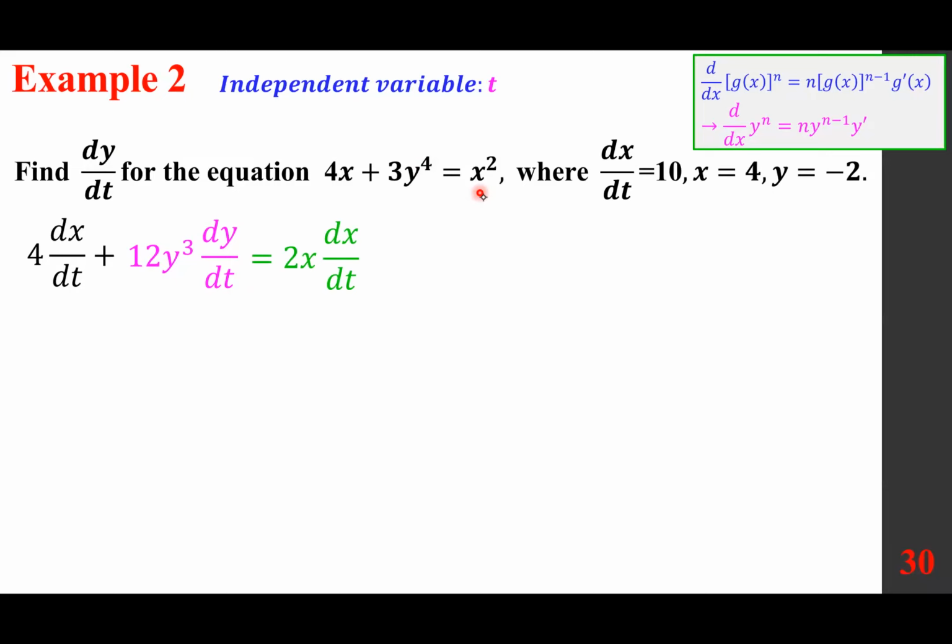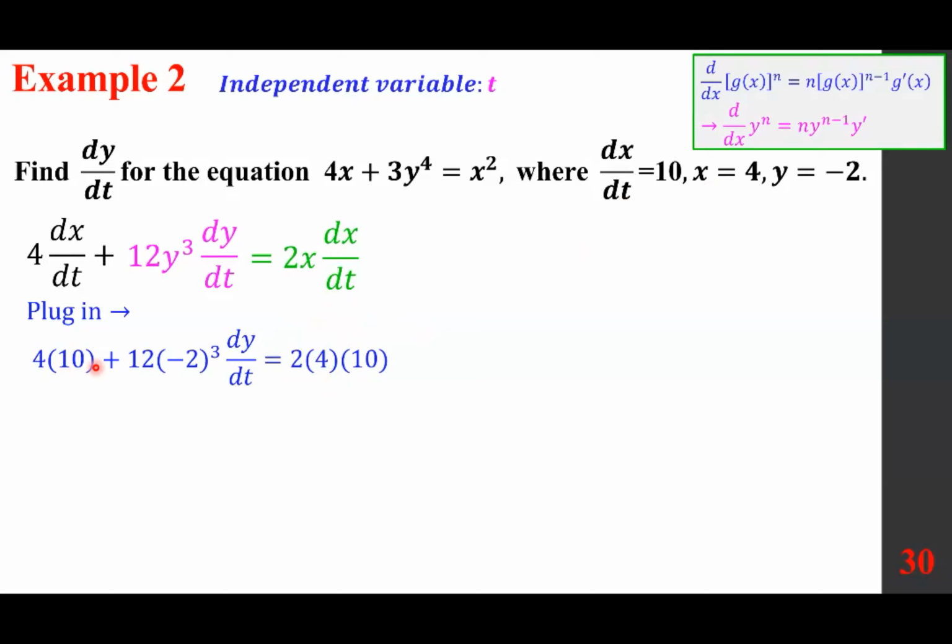Now, since they want you to evaluate, you can plug in. So if we plug in, class, 4 times dx/dt is 10 plus 12 times y, -2 cubed, dy/dt, I have no idea, it's missing. 2 times x is 4, dx/dt is 10.